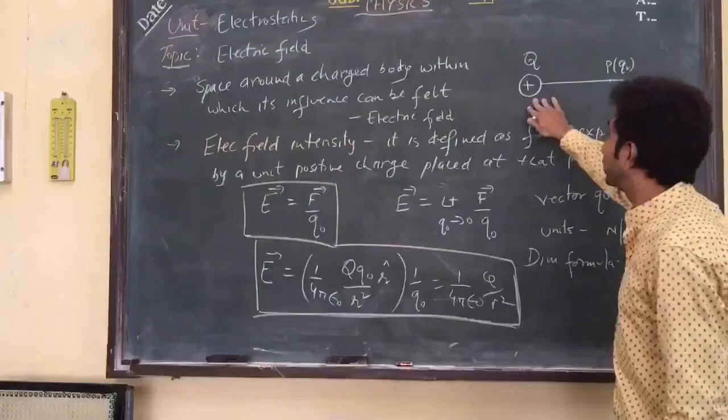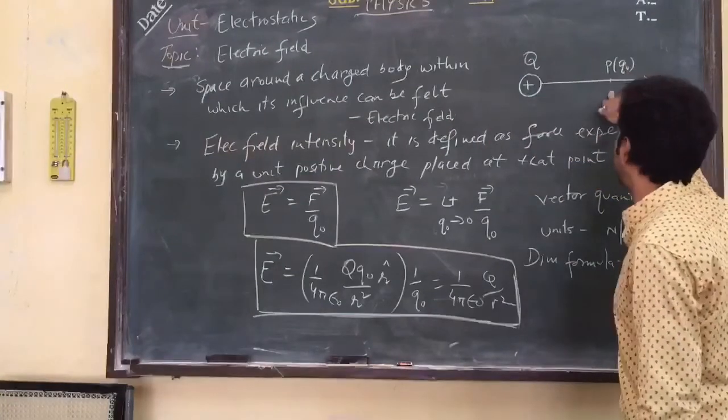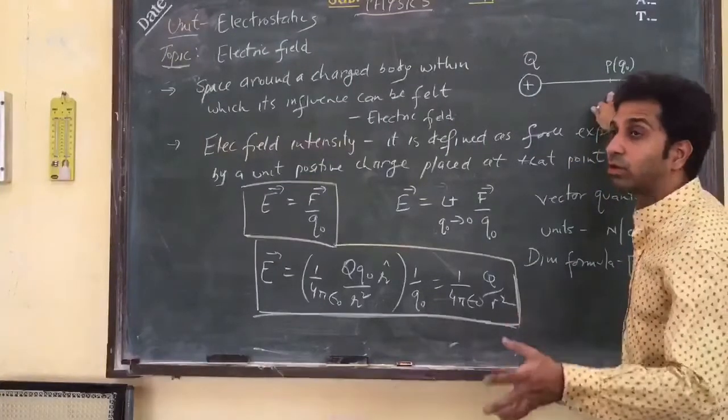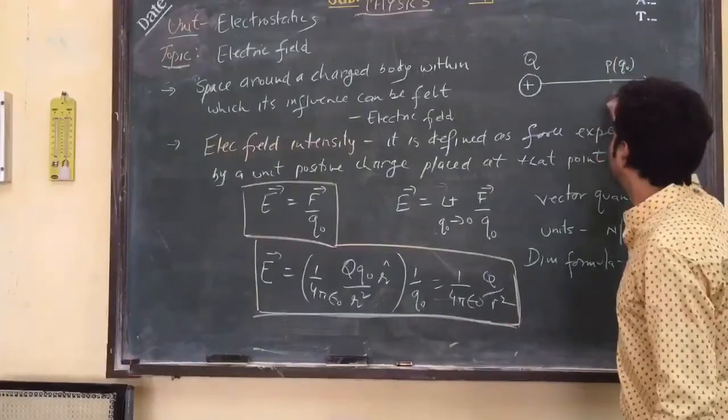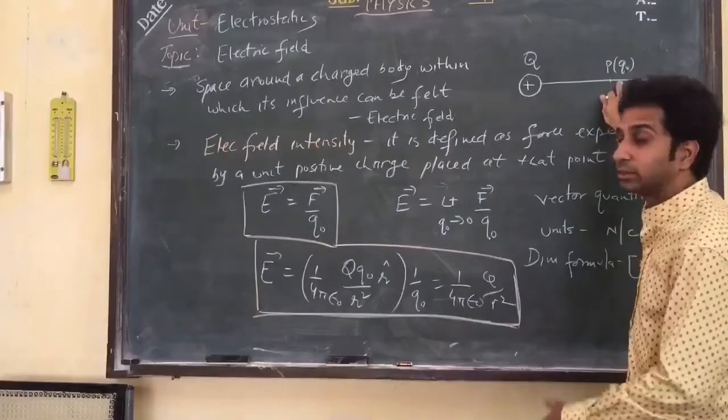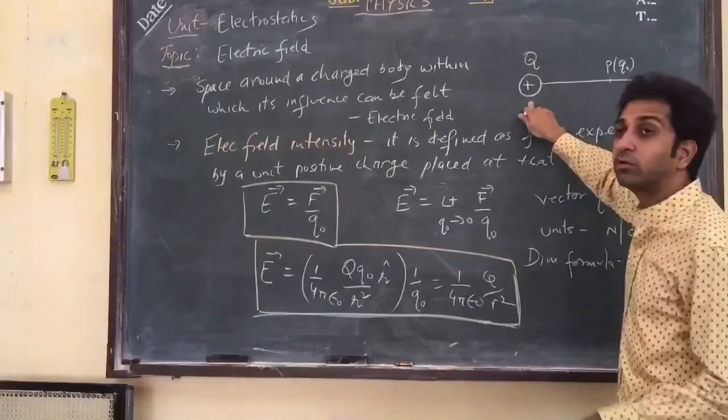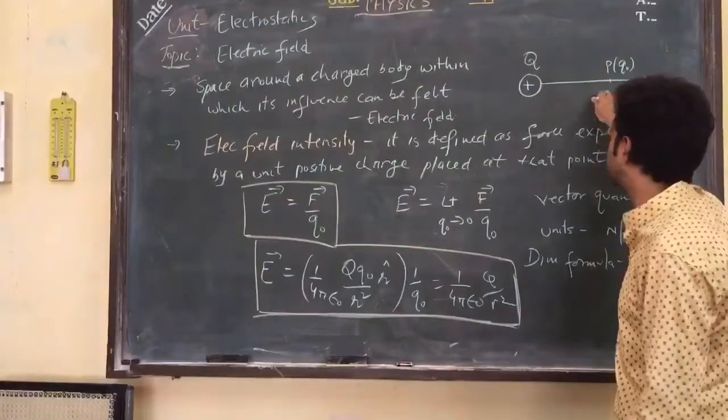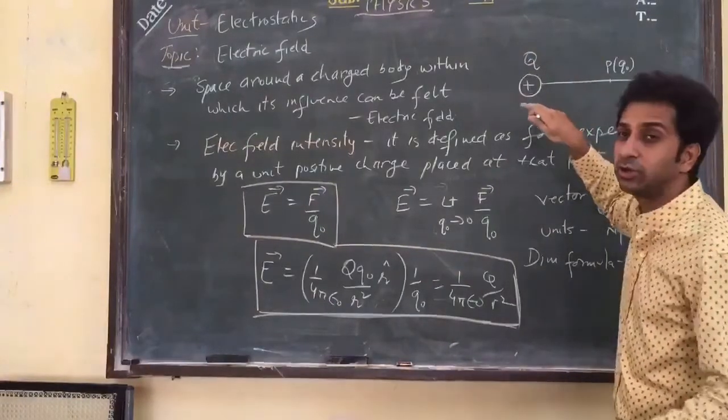This is the given charge, and this is the test charge placed at point P. We want to calculate what force will be experienced by it in presence of the given charge Q.